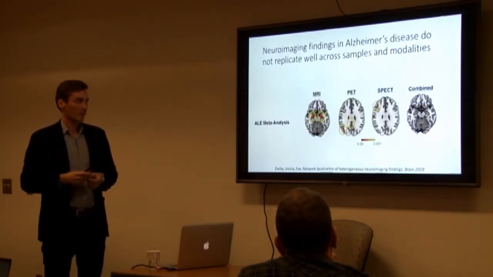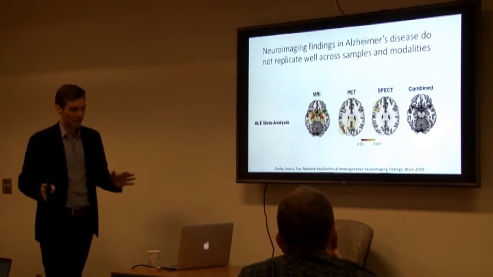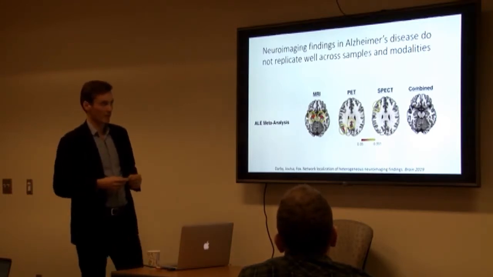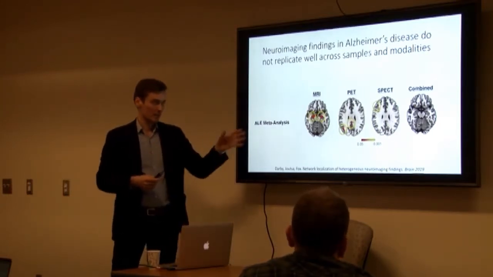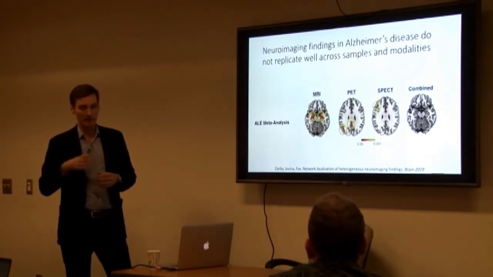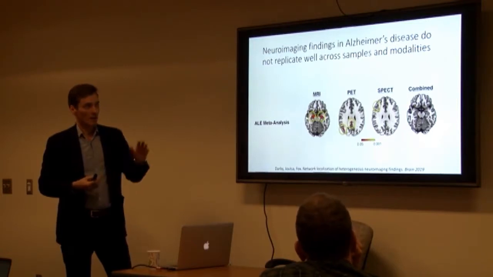And I'll give you an example of Alzheimer's disease. So there's a huge amount of studies in Alzheimer's. For example, structural MRI studies, there are tens or even hundreds of studies comparing Alzheimer's patients to healthy volunteers.